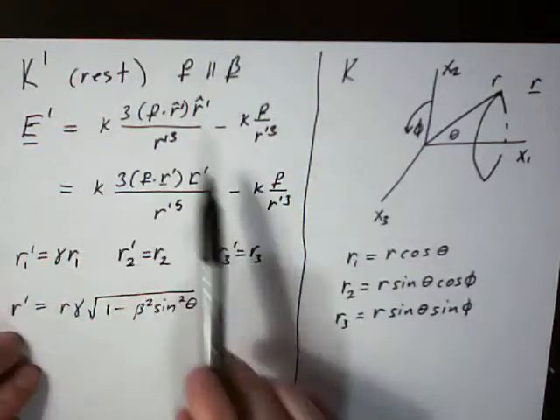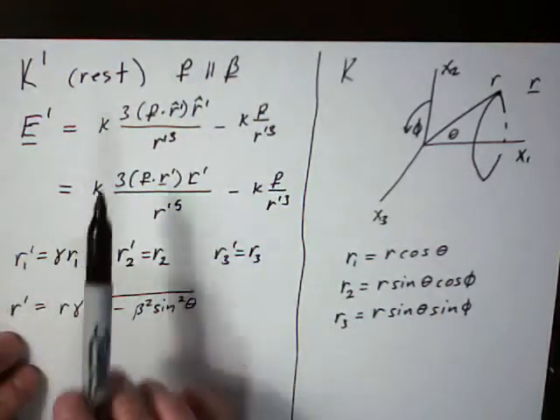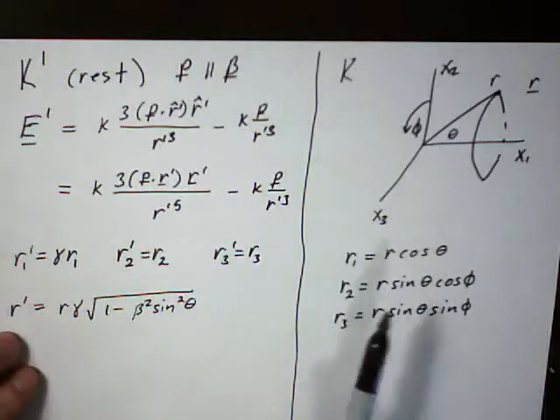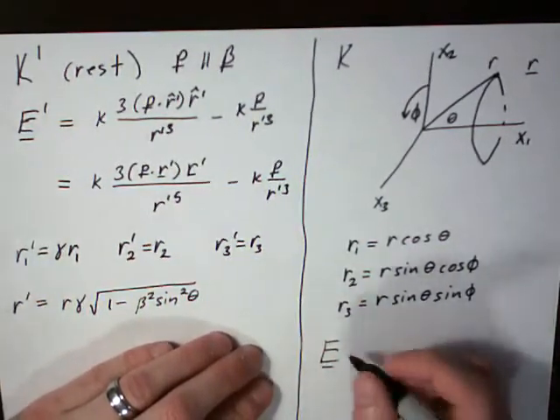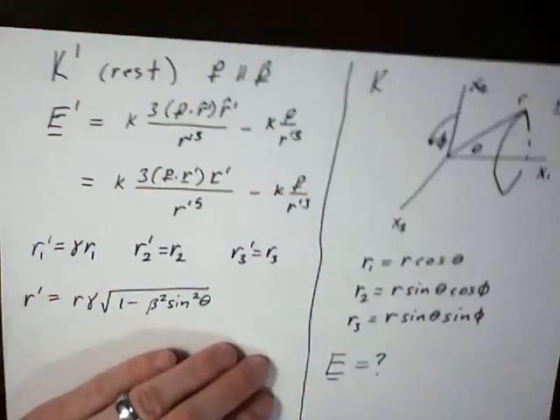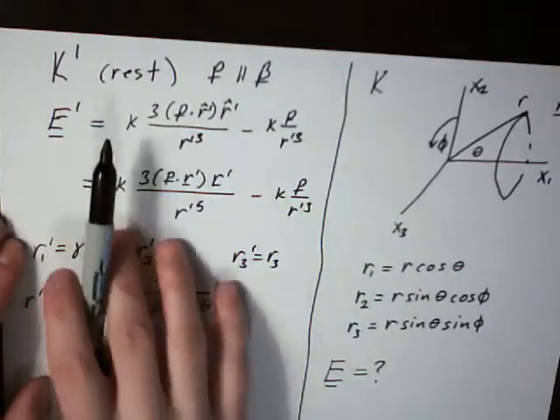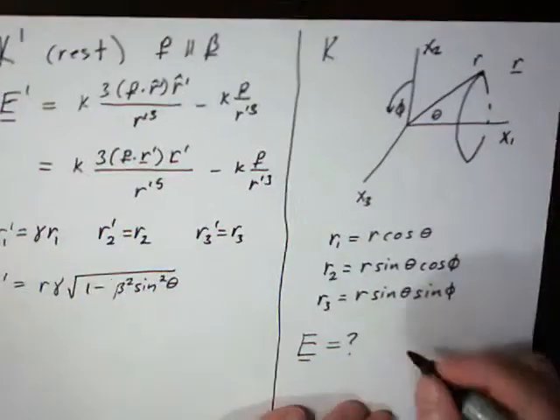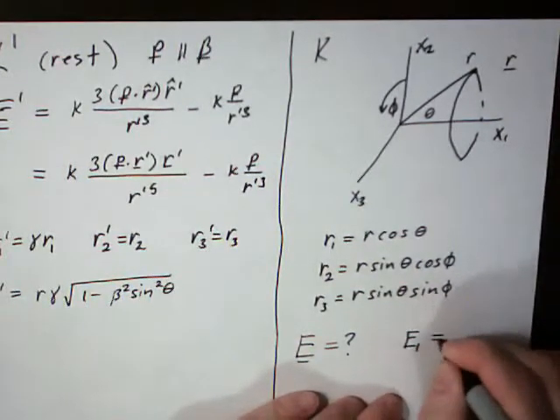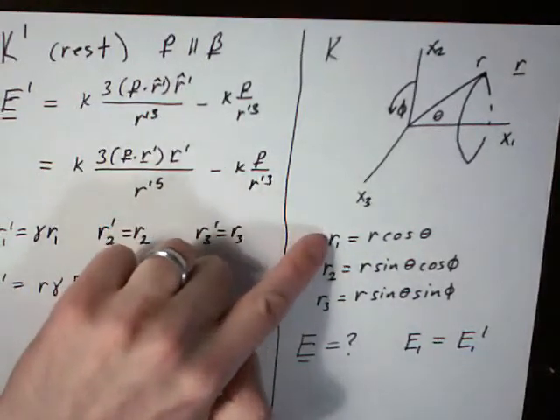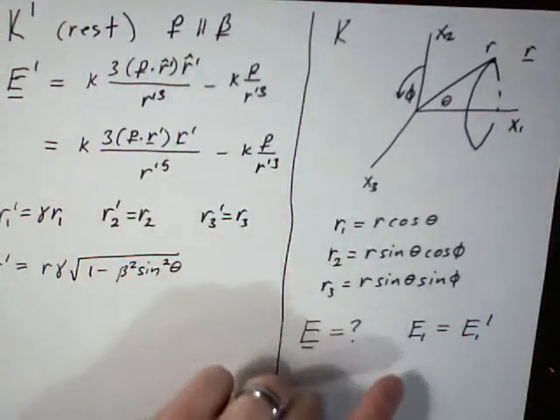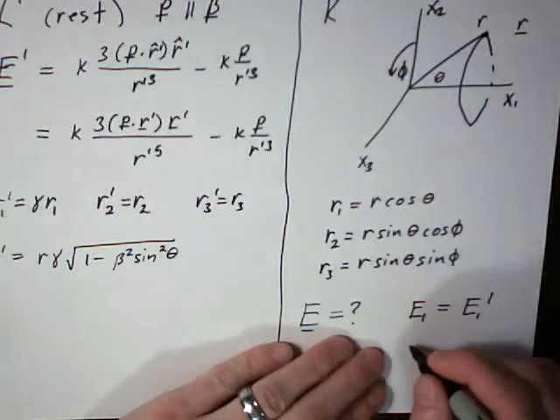So this gives me the electric field in the prime frame in terms of the coordinates in the unprimed frame. But what I'm really after is the unprimed electric field. So I have to transform E prime into E. The first coordinate does not get changed, opposite to the coordinates for the position, but the other two do.